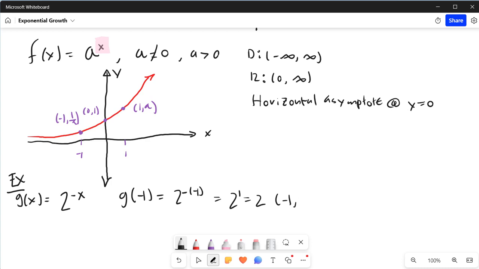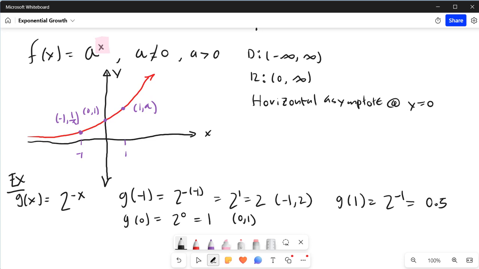So that means negative 1, comma 2. Similarly, if you plug in 0, you get 2 to the 0, which is just 1. So it still passes through the same key point. But if we have g of 1, that's 2 to the negative 1, which is just a half.